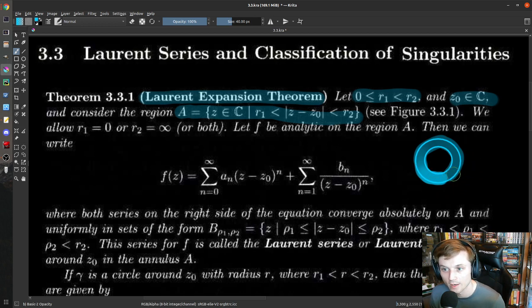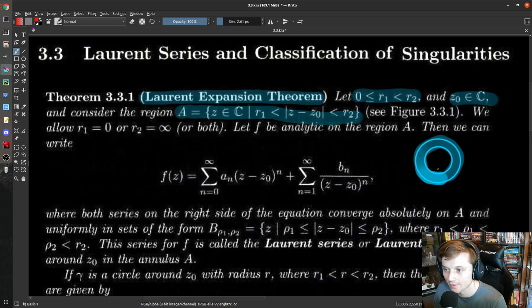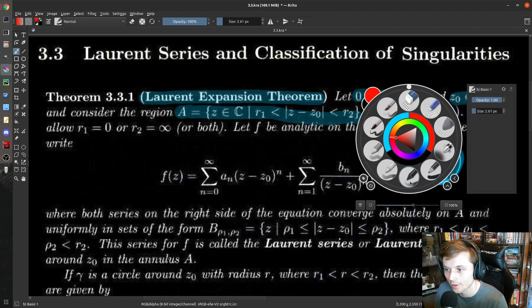The area between them. This is A, an annulus. So that's like a donut shape, like a little ring here. So this is an annulus, a region A between R1 and R2. Cool. And to highlight where those things are, just to be clear, this is R1 and this is R2, right? Okay, all good.